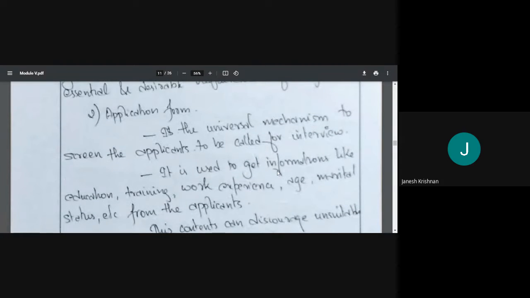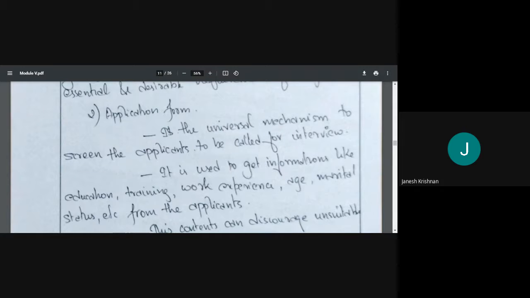Normally we send out our resumes, or sometimes companies have their own application form. When you are applying to BTech or engineering colleges, you have to fill an application form. Similarly, you will have to fill an application form in certain companies. Certain companies will only ask for your resume. That will depend. If application forms are asked, that will help them to screen the candidates.